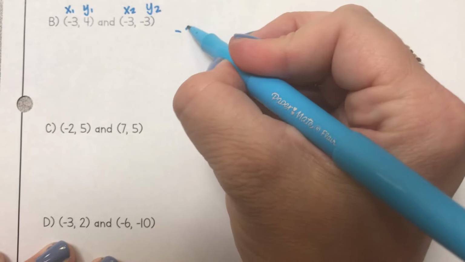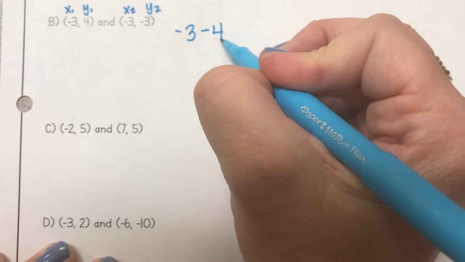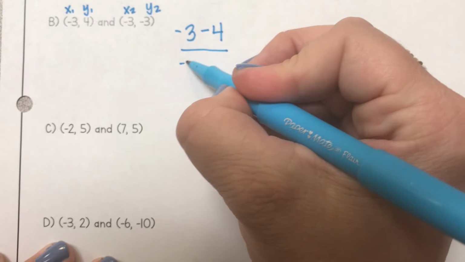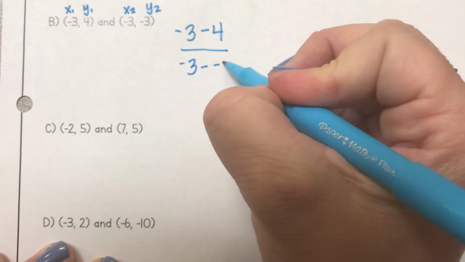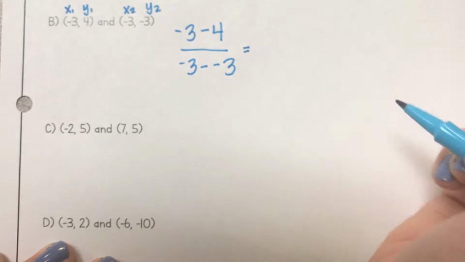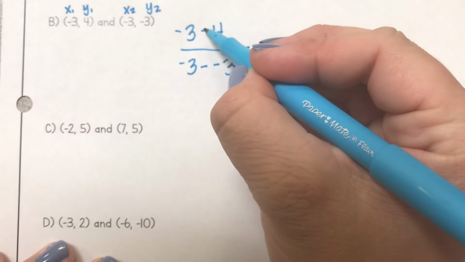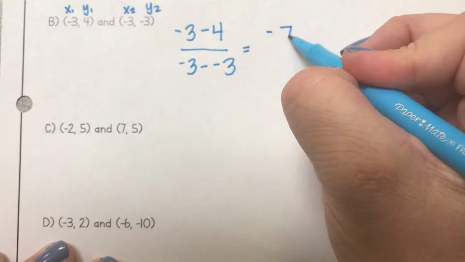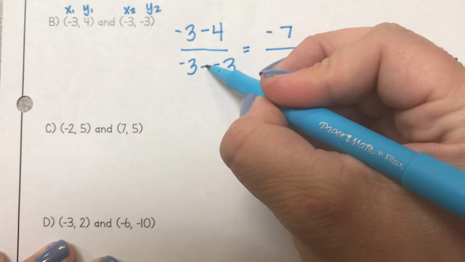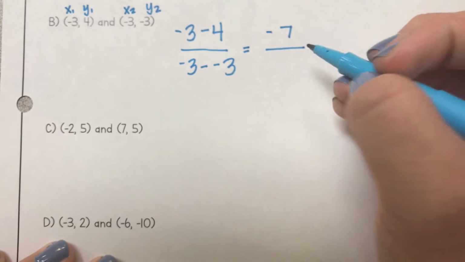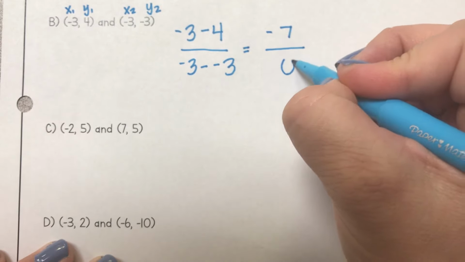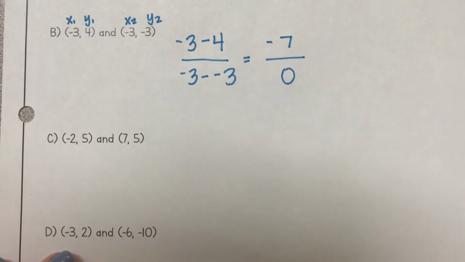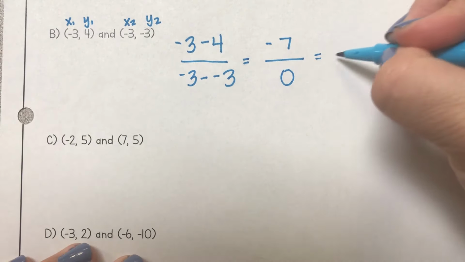So the second y minus the first y over the second x minus the first x. So negative 3 minus 4 is negative 7. Negative 3 minus negative 3 is 0. What do I know about having 0 in the denominator?